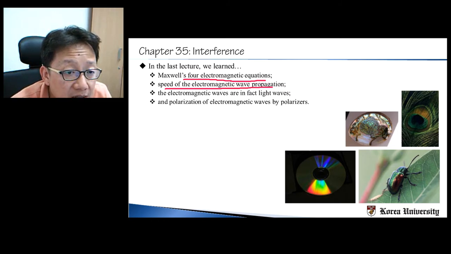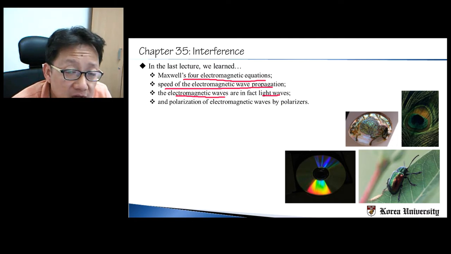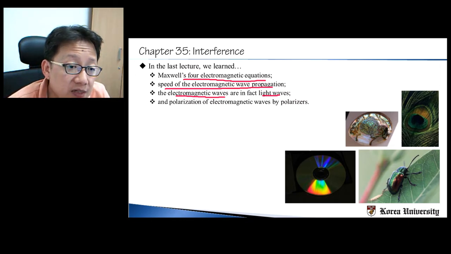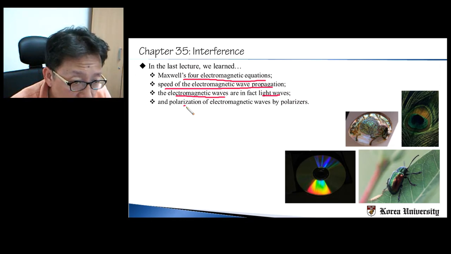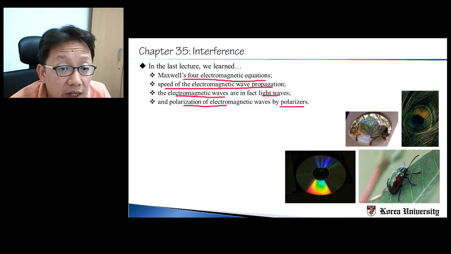And we also learned that these electromagnetic waves are in fact light waves, and they are transverse waves. The electric field oscillates in the perpendicular direction with respect to the direction of the wave propagation, right?